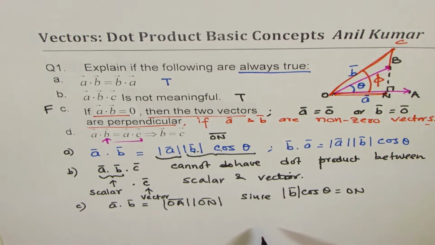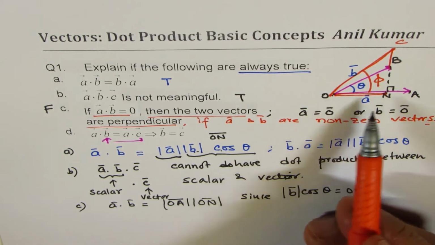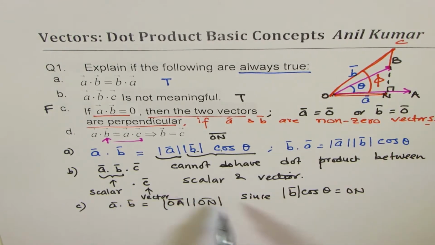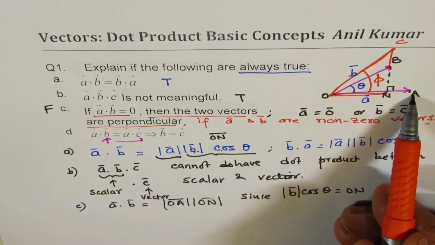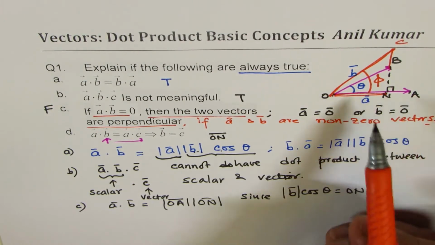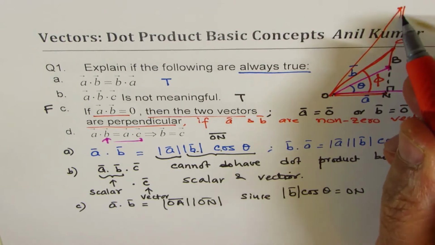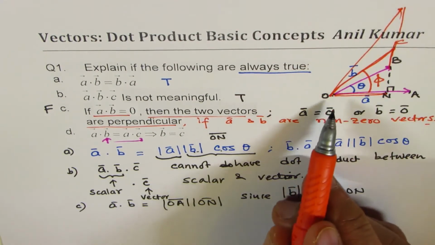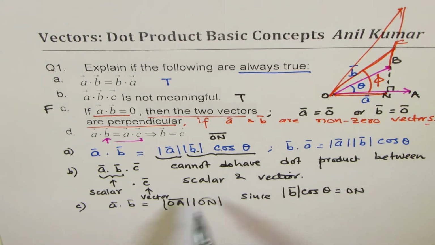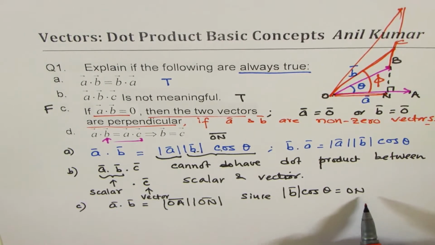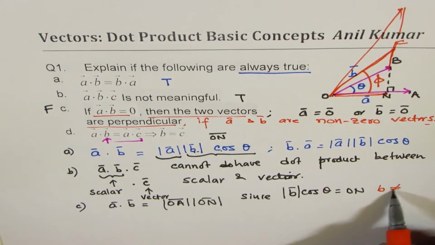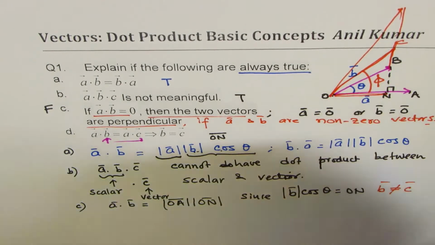Even then, the dot product is going to be exactly the same, ON times OA. You get an idea, right? So all these vectors where the projection is the same as ON will give you the same dot product. So therefore, B is not equal to C, as you can clearly see here, right?